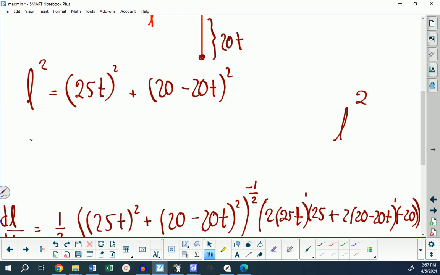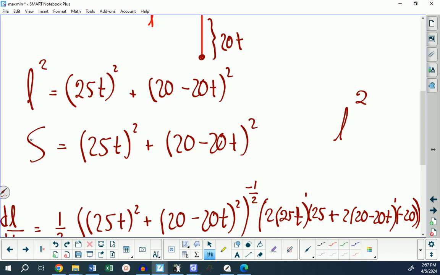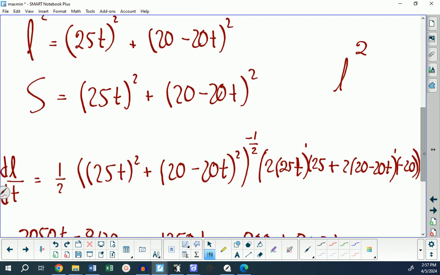In other words, instead of minimizing L, why don't we minimize L squared? Why don't we minimize the square of the distance? Well, you will notice something, that the derivative of that is that.